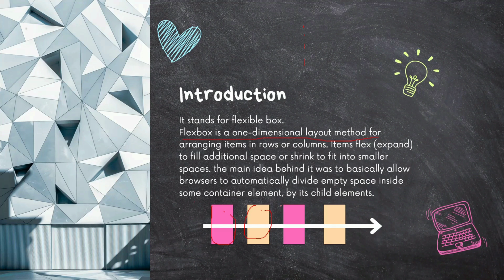And also, if you are creating responsive website, then according to content, items will be shrink to fit inside that container itself. So practically, we will see more about Flexbox. So basically, it is used for one-dimensional layout and items can be arranged in horizontal or vertical way.